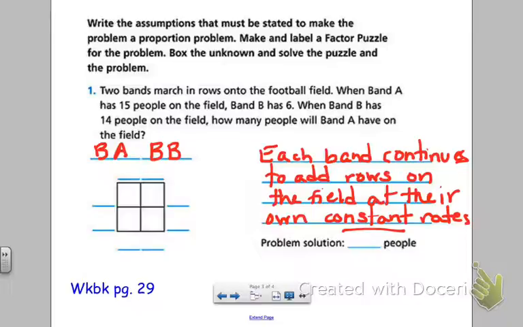Okay, so I'm assuming that we have a constant rate. Band A is continually putting the same amount of people on the field. Band B is continually putting the same amount of people on the field.